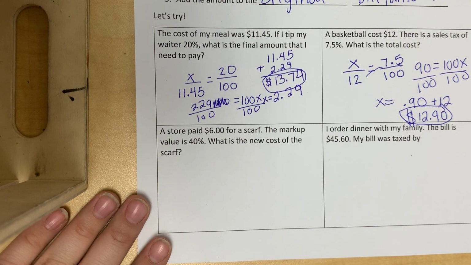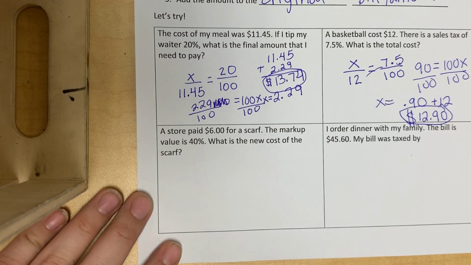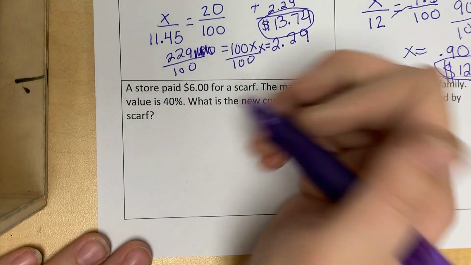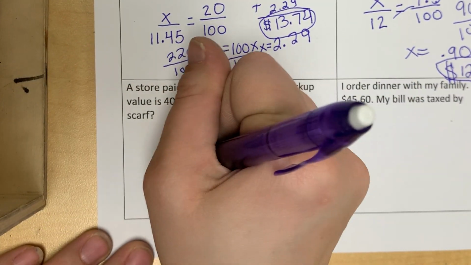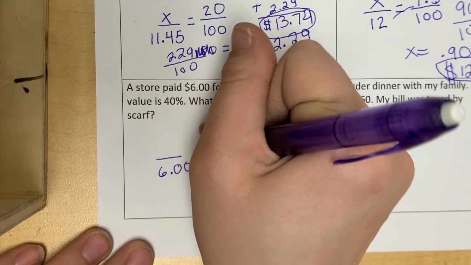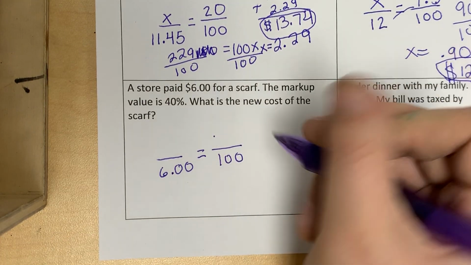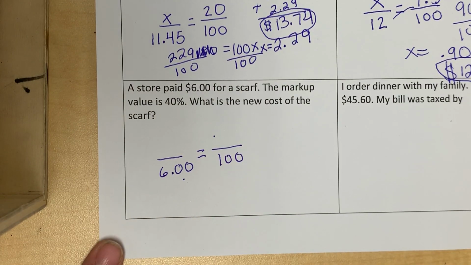All right, a store paid $6 for a scarf. So, for example, a store like Kohl's bought scarves from a manufacturer. The markup value is 40%. What is the new cost of the scarf? We have a price of $6, which is the original price.